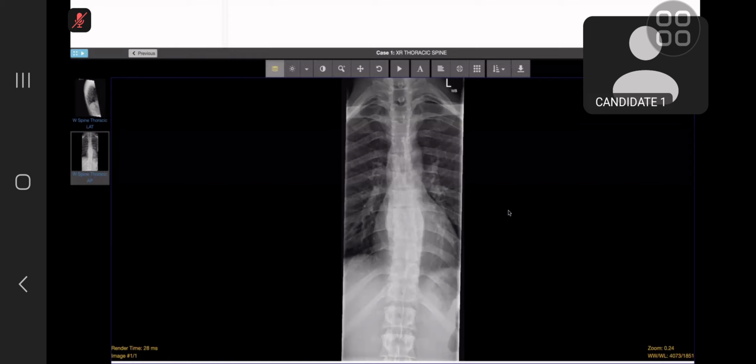On the basis of this image, the findings are likely suggestive of paraspinal abscesses with Pott's spine. I would like to inform these findings to the referring physician and also would request an MRI spine, post-contrast, for further evaluation.